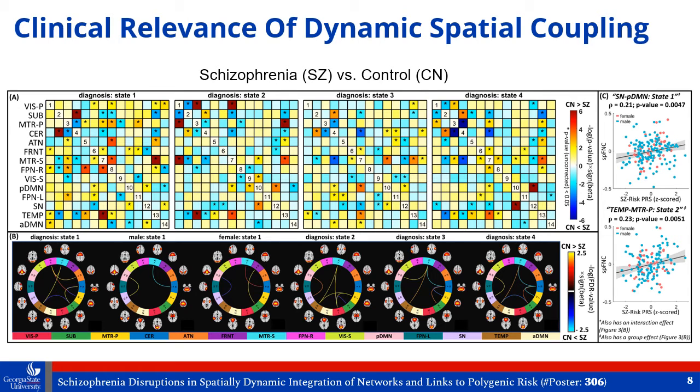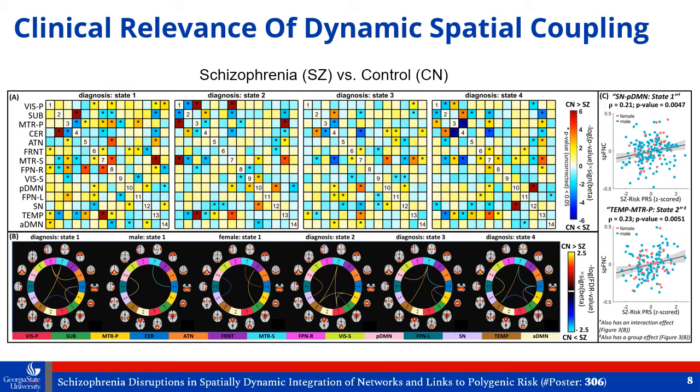Cells in panel A with an asterisk represent the pairs with a p-value less than 0.05, and panel B shows the connectogram of the pairs with significant diagnosis or interaction, sex by diagnostic, effect after FDR correction.